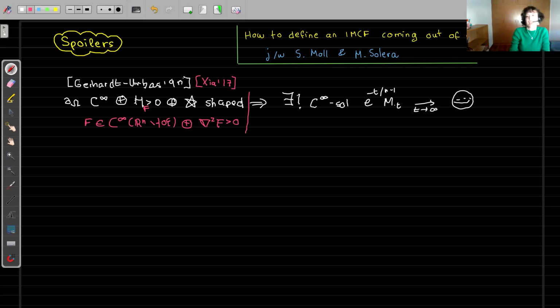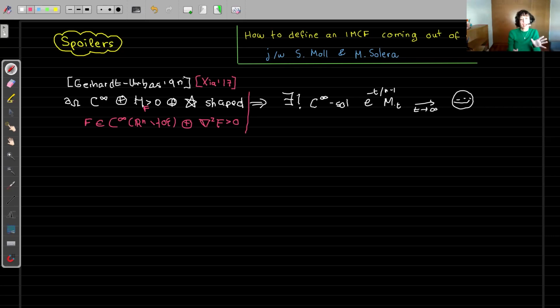And with those extra assumptions, Xia proved exactly the same result, but converging to the unit sphere of the polar norm, that is called the Wulff shape, the equivalent object with constant curvature in that new setting.